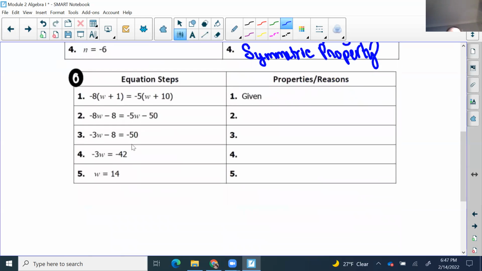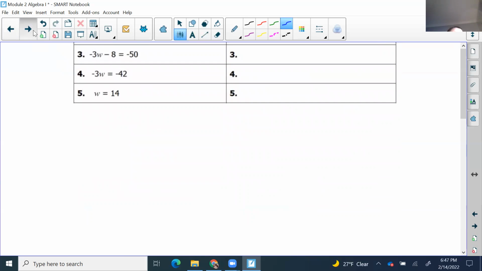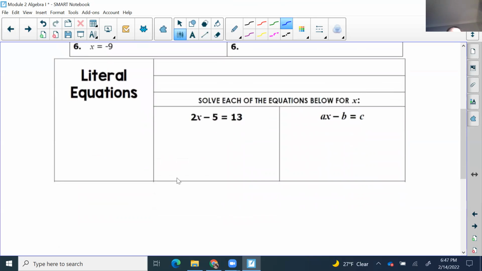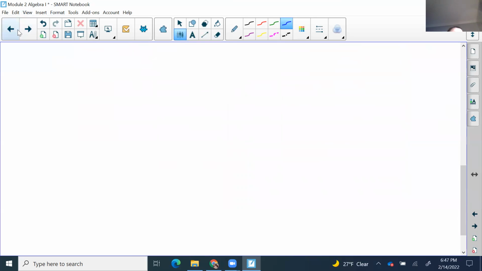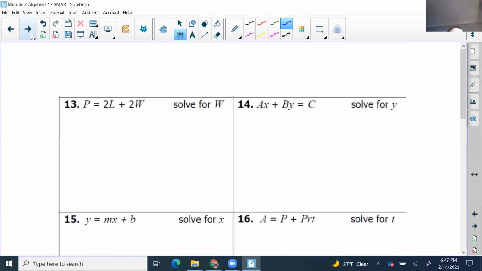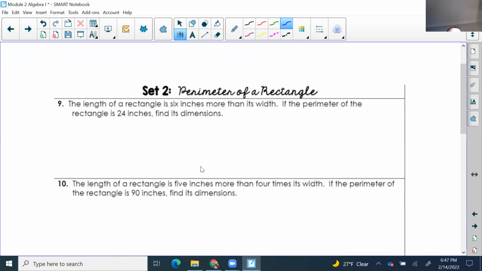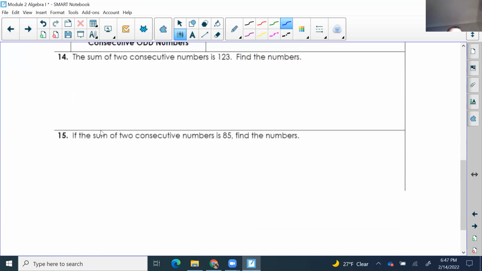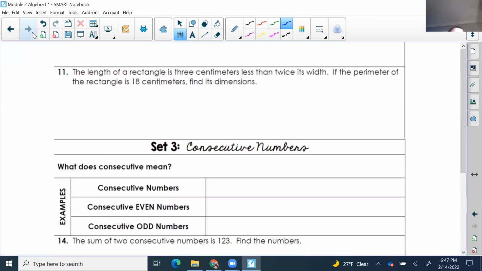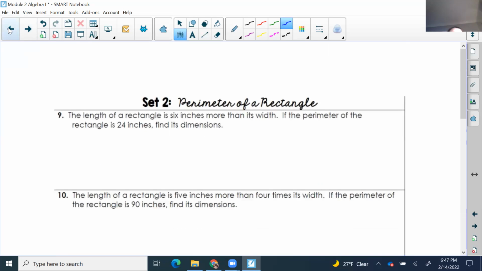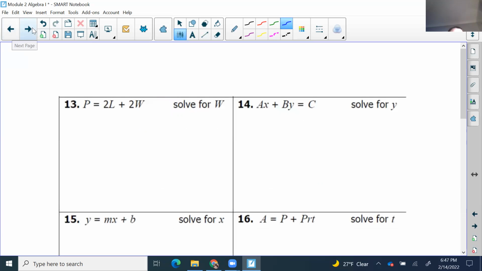Okay, so you have a couple more to do in the packet if you want to try them. I think I have some in Delta Math as well. Next class, we're going to talk about literal equations and these proofs, and then we're going to end up with some word problems. Just a couple of little ones because I want you to start getting used to the types of problems that you're going to see.